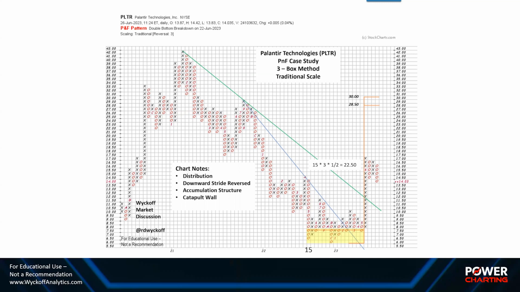And then we have a beautiful catapult wall, which is that incredible restriction of supply, absorption of shares, which allows a stock to move abnormally upward after an accumulation. And this is the reason it happens that way. Absolutely a brilliant concept from Mr. Wyckoff. Larger count is possible.